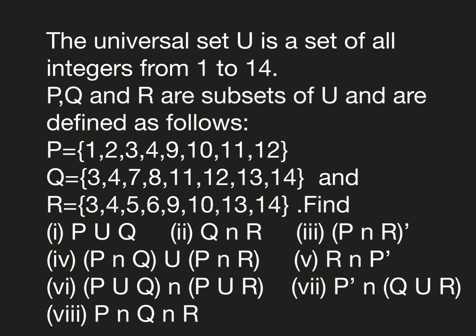Set P is equal to 1, 2, 3, 4, 9, 10, 11, and 12. Set Q is equal to 3, 4, 7, 8, 11, 12, 13, and 14. And set R is equal to 3, 4, 5, 6, 9, 10, 13, and 14.